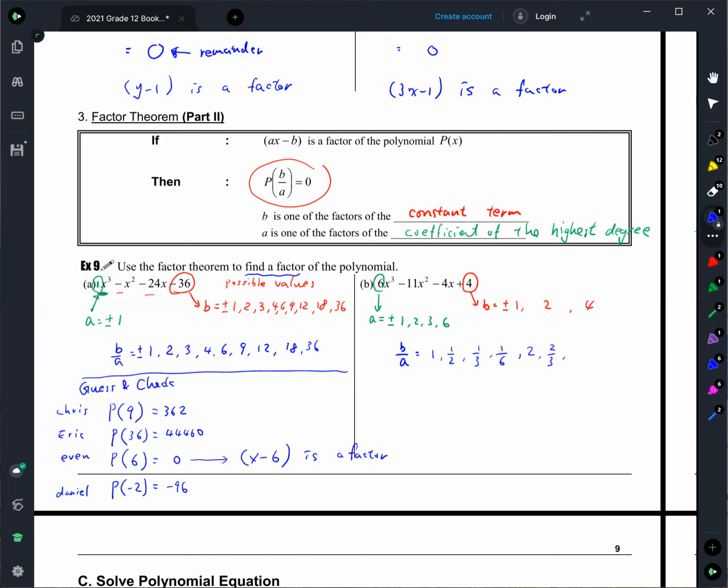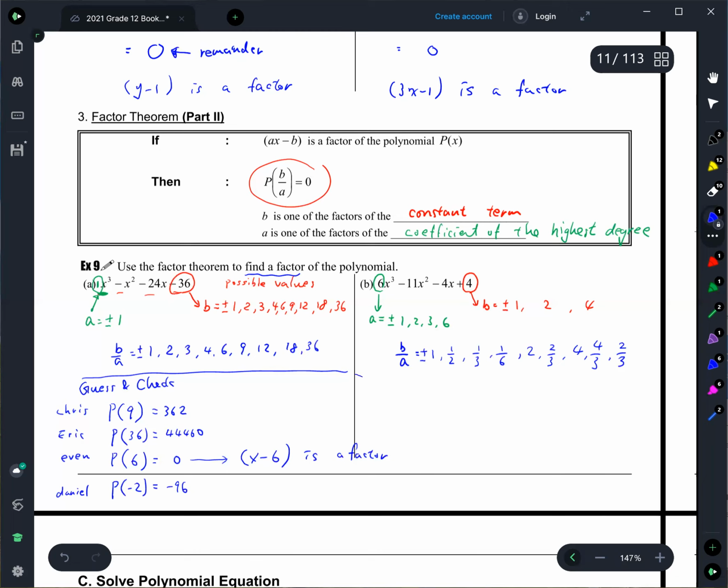We go to 4. 4 over 1, that'll be 4. 4 over 2 will be 2, so we don't need to write again. 4 over 3, 4 over 6 will be 2/3. Don't forget plus minus.